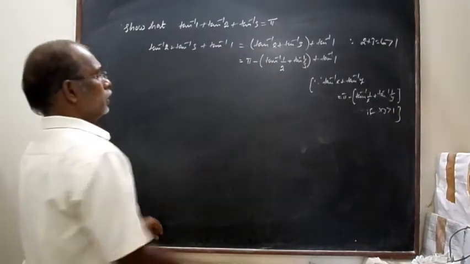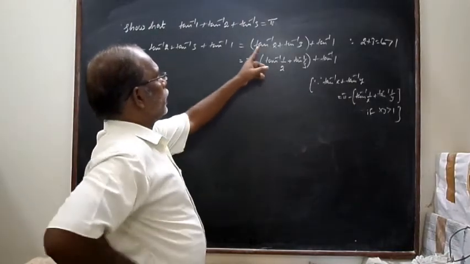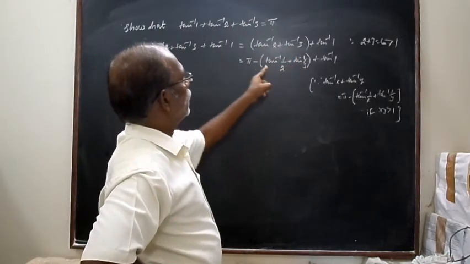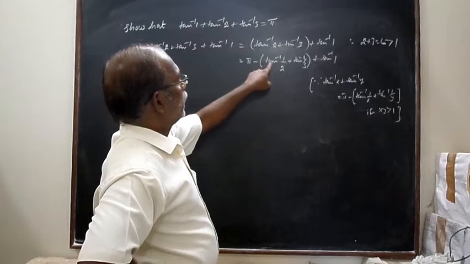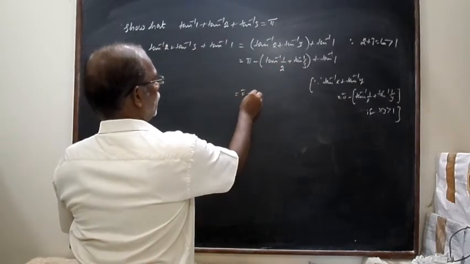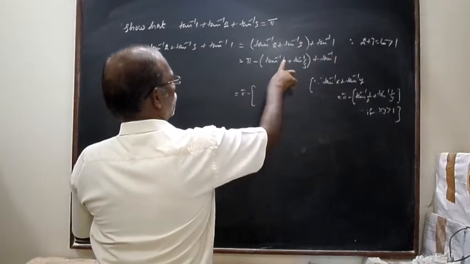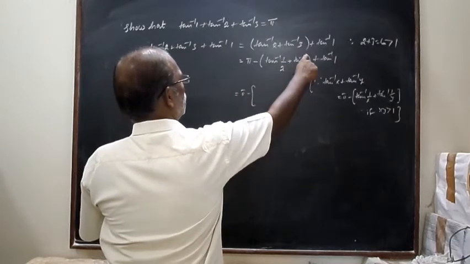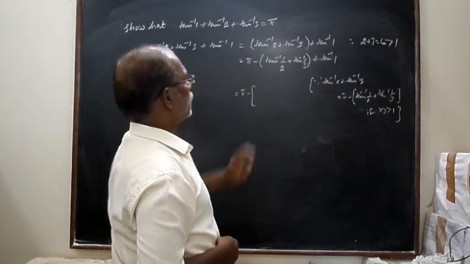Okay. So because of this identity, we have written tan inverse 2 plus tan inverse 3 as pi minus the quantity tan inverse of 1 by 2 plus tan inverse of 1 by 3. Now this A equals 1 by 2, B equals 1 by 3, AB is less than 1.